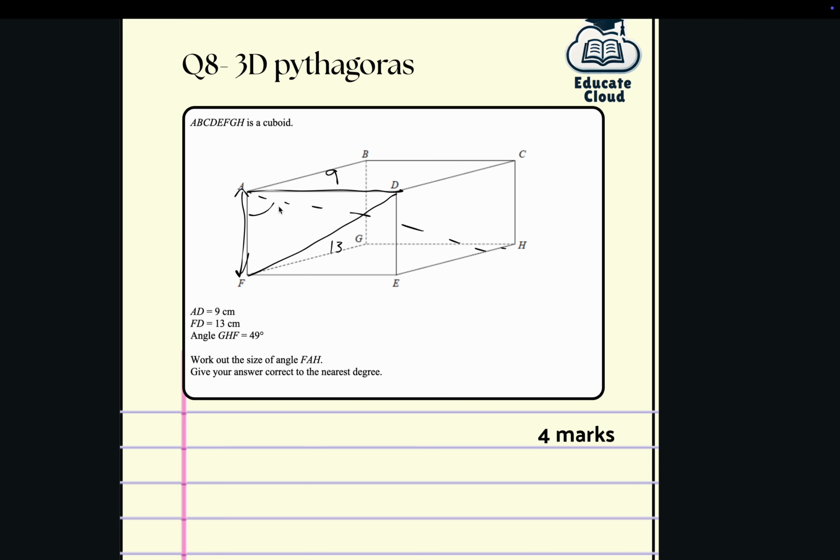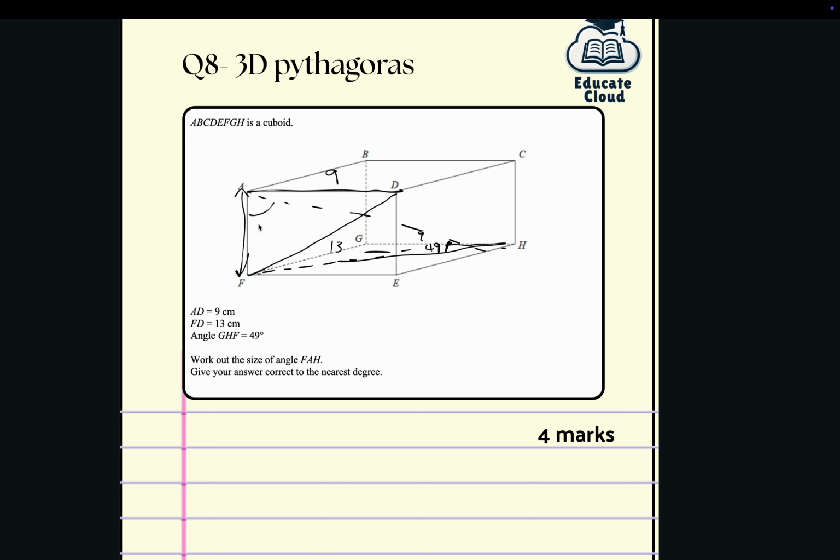And then I know the angle GHF as well, and I know that GH is 9 as well. And I know that's 49. So break it down. A lot going on here actually.